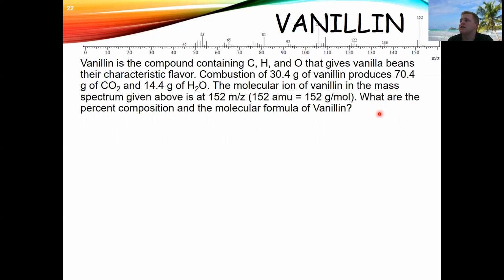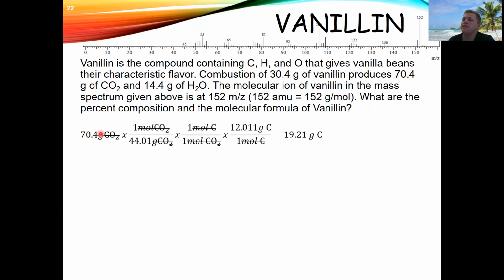If you'd like to pause this video now so that you can work this problem, go ahead. Okay, the first thing we're going to have to do is figure out how many grams of carbon correspond to this 70.4 grams of CO2. So we'll take that 70.4 grams, divide it by the molecular weight of CO2, multiply by the mole ratio of carbon to CO2, which is again 1:1, multiply by the molecular weight of carbon.